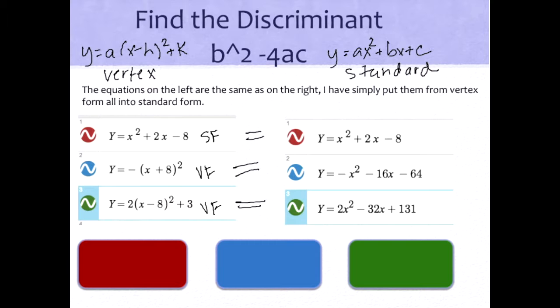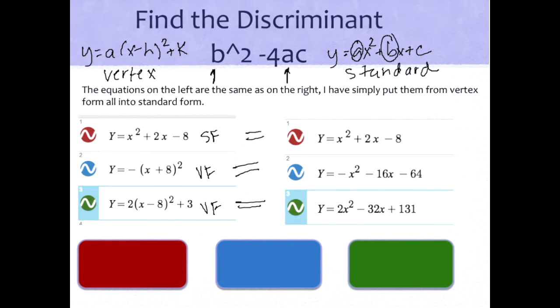Please remember that A is the coefficient of the x squared term. That's this right here. B is the coefficient of the linear term. That would be this one. You're squaring that one, so that's always going to be positive. And then C is the constant, which goes right here.